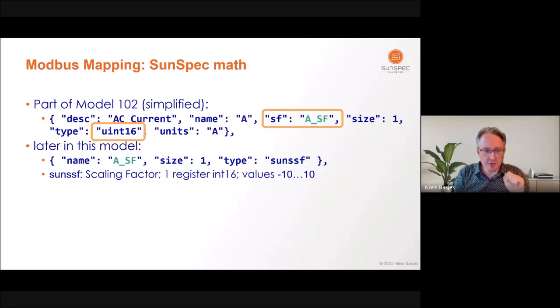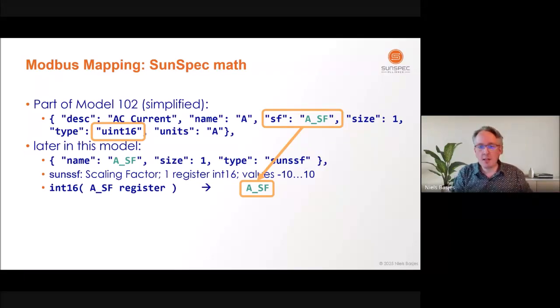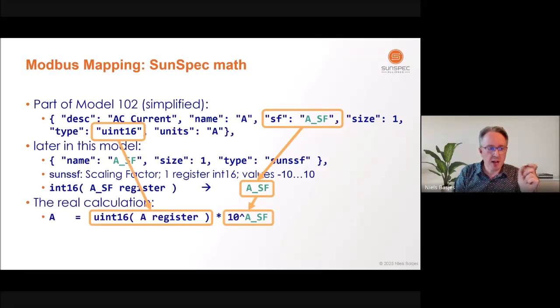And to get that value, you have to find the registers associated with the scaling factor. And then you get that number. And then the actual calculation to determine the value of the current field is by taking those registers times 10 to the power of that scaling factor. And as you can see, the same kind of field is implemented completely different in all of these systems.